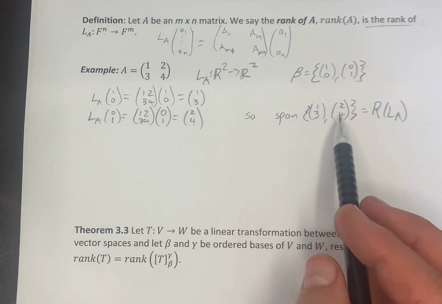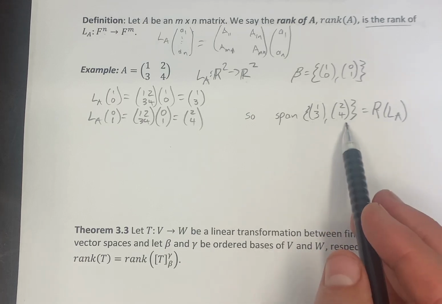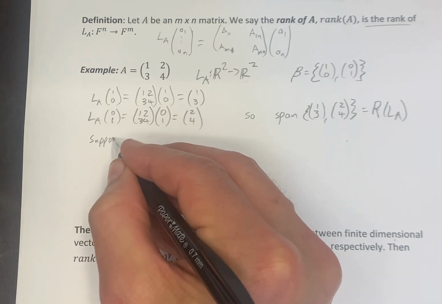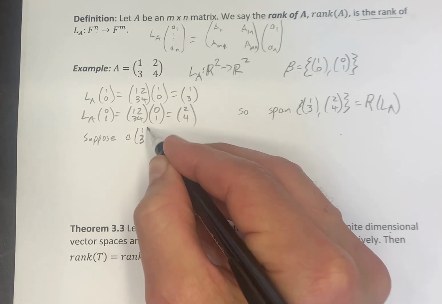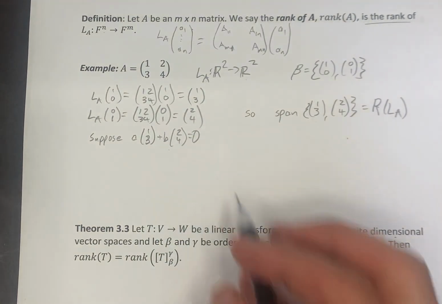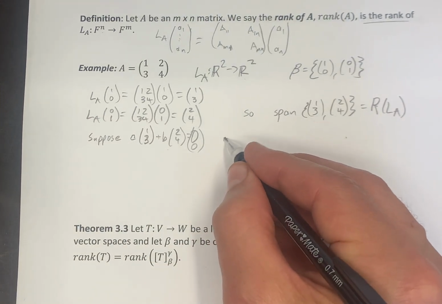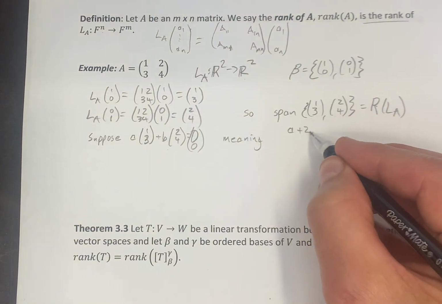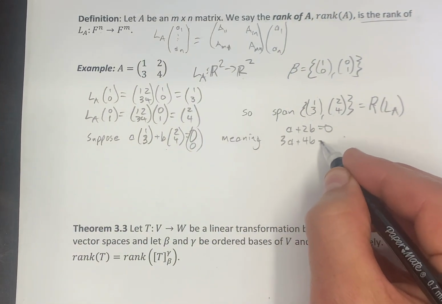So are these linearly independent, in which case the rank of this would be 2 and this would be a basis, or are these linearly dependent? Well, suppose a(1, 3) plus b(2, 4) was equal to (0, 0). What's that mean? Meaning a plus 2b equals 0, and 3a plus 4b equals 0.